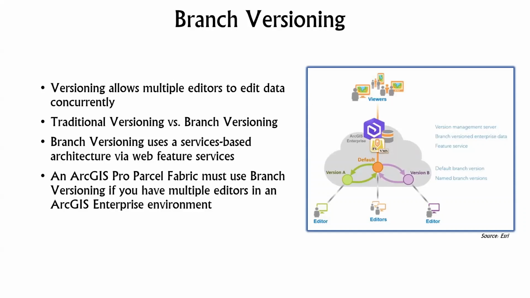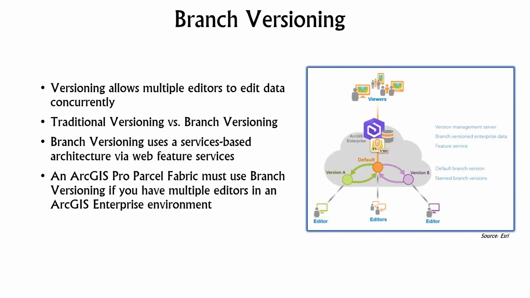Branch versioning, however, uses a services-based architecture via web feature services. So the version management takes place after the data has been published as web feature services. Also, this is important for our land records audience.